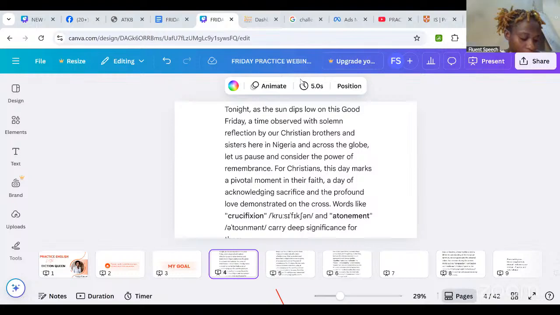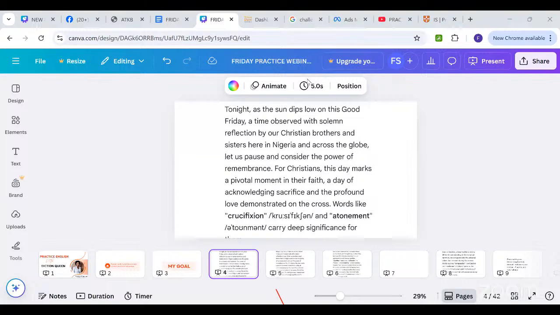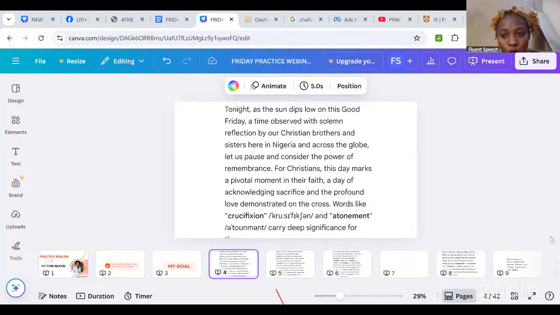Tonight, as the sun dips low on this Good Friday. Good Friday. Observed. On this Good Friday. I can see here, good. The word is good. Good Friday.